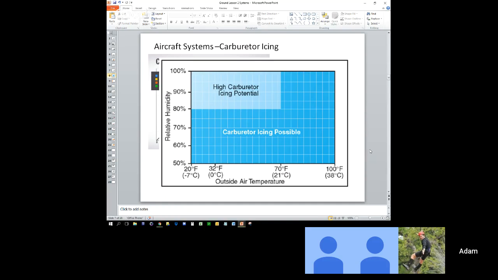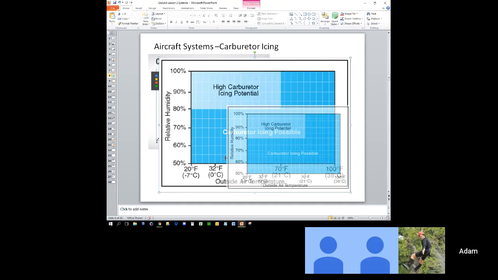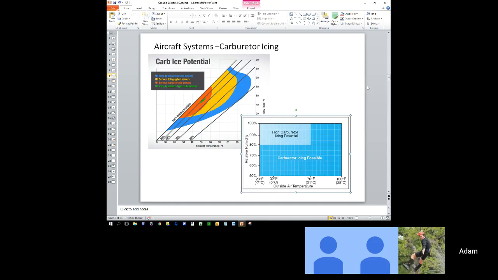And so aircraft with carburetors are equipped with carburetor heaters. Because you're looking at this flight envelope here. Man, I could fly in 100-degree Fahrenheit weather at 90% humidity, and my carburetor ices up. It's like every airplane, that flight envelope's so wide. Every aircraft with a carburetor is going to have a carburetor heater, which is activated from the cockpit.